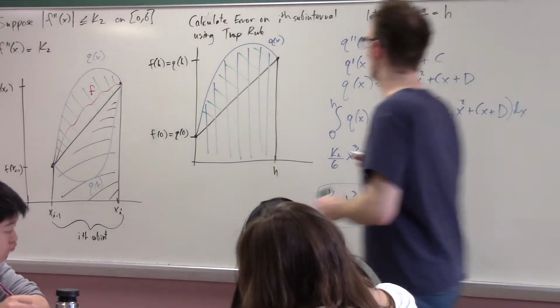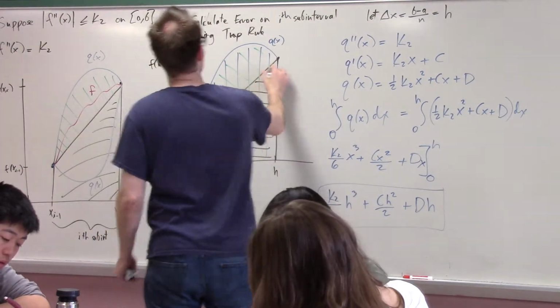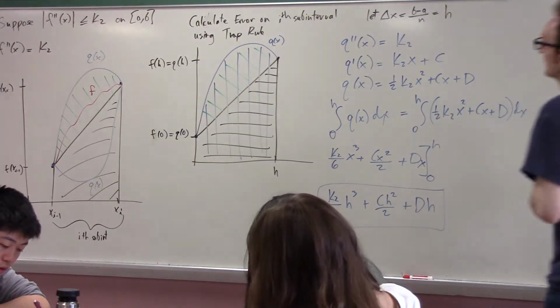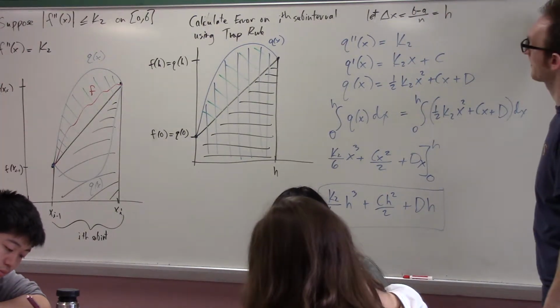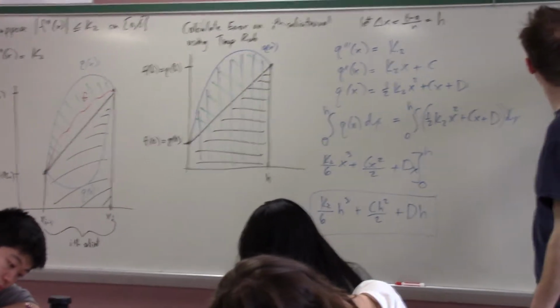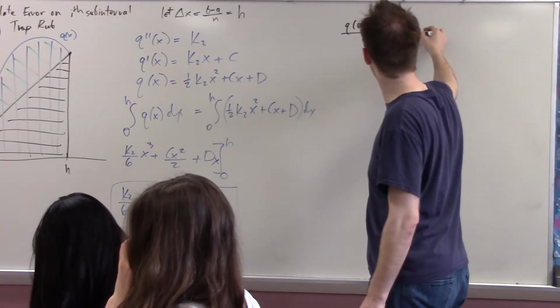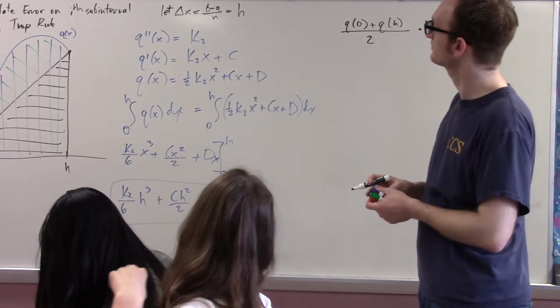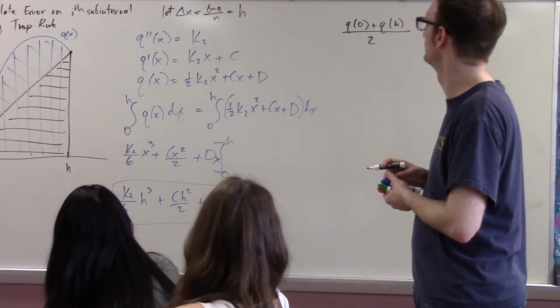Now let's compute the black area, the area of that trapezoid. What is the area of that trapezoid? Well, it's q of 0 plus q of h over 2 times h. Then what is q of 0?